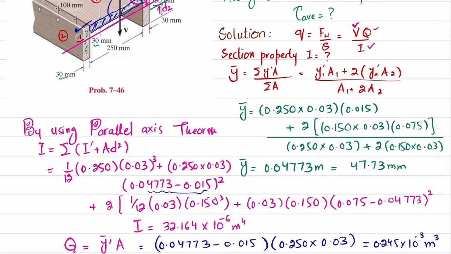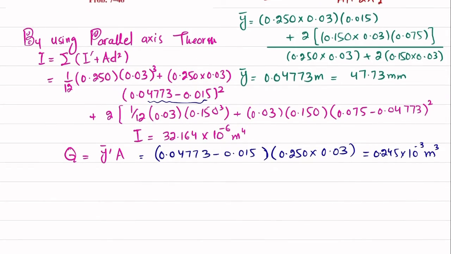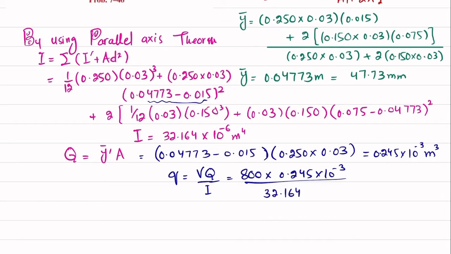Now you have V as well, so you can just put it in this formula. Q is equal to shear flow, which is horizontal shear force per unit length, is equal to V into Q divided by I. So V is equal to 800 pound, Q is 0.245 into 10 raised to power minus 3 divided by I, which is equal to 32.164 into 10 raised to power minus 6.